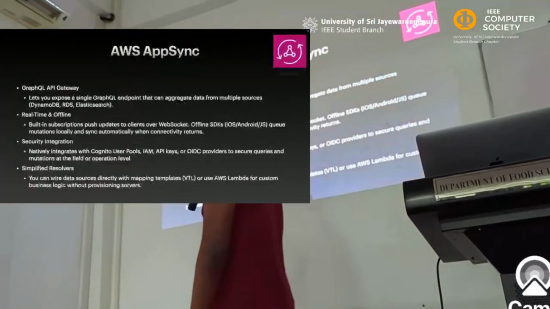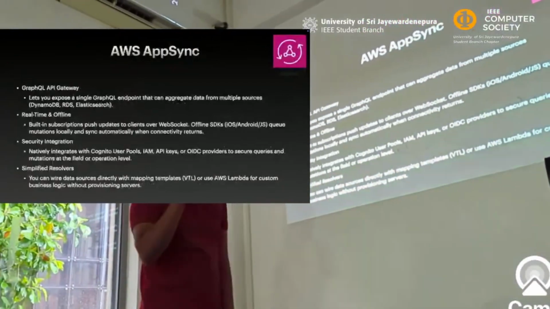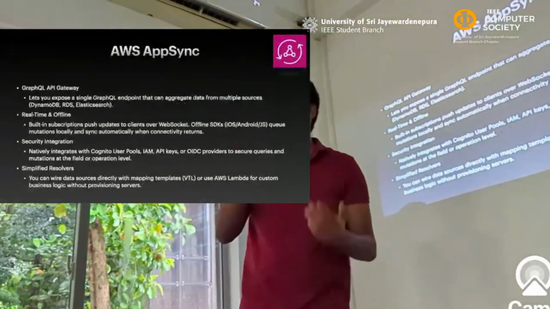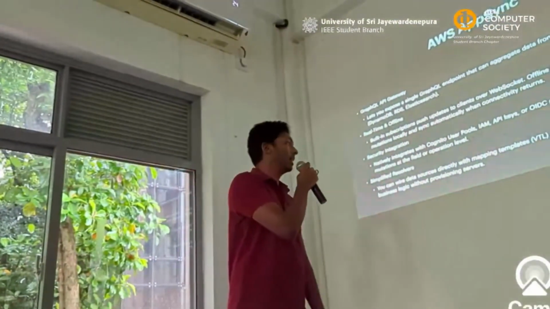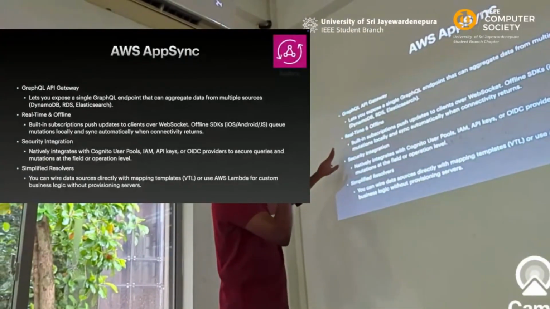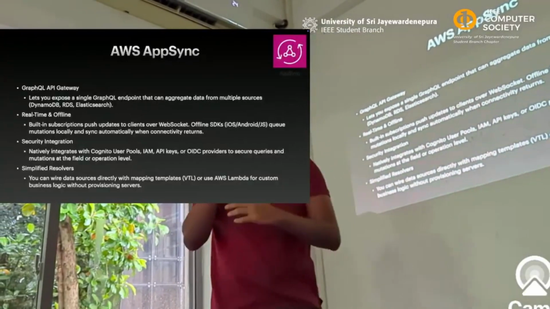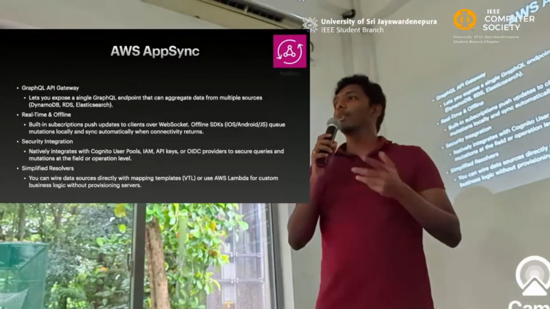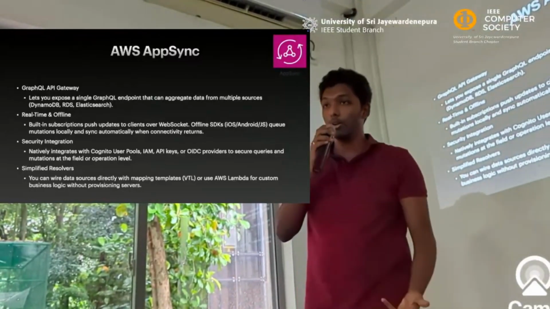That's why we are mainly using it. You have simplified resolvers. Essentially, it can hook up directly to a database, DynamoDB, without any man-in-the-middle integrations. And mainly, what we are using it for is its security integrations. AppSync can directly integrate with Cognito.